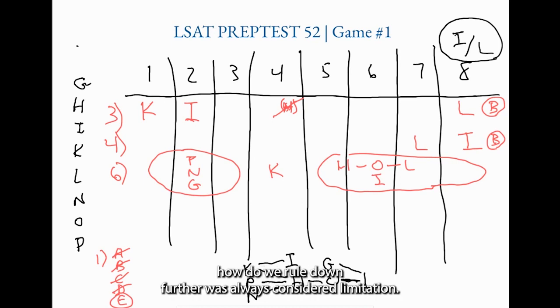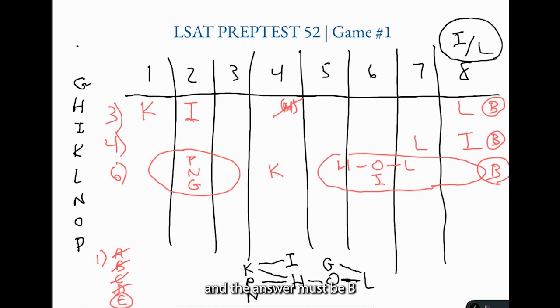Well, as always, consider limitation. At first glance, it might look like O could be the 5th valve, but don't forget, H is in front of it. So in fact, it cannot. If O were 5th, H would have nowhere to go because K is 4th. H would get squeezed out. Answer D is out. And the answer must be B.